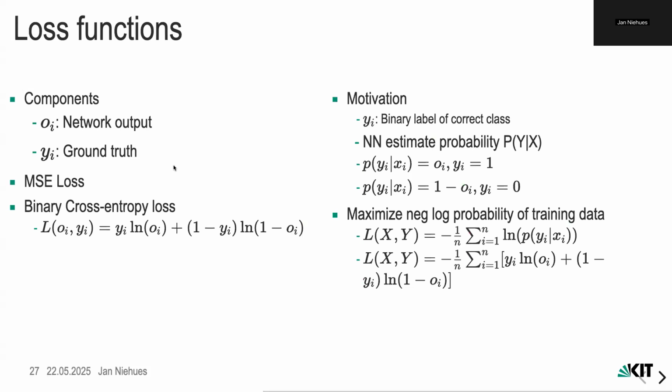So here you're going over all your training examples, and you're trying to maximize the probability of the label given x, the logarithm therefore, and since we want to have a loss function, it should be negative, so you're minimizing the negative log probability of that.